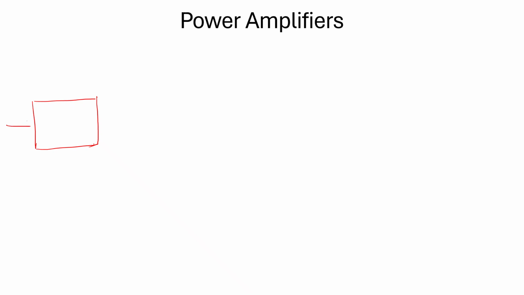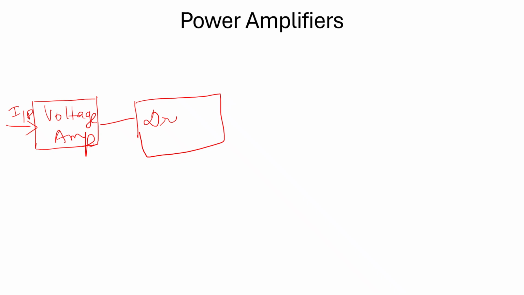The input signal, whichever you want to amplify, is fed into a voltage amplifier. The output of this is again fed to a driver stage, then to an output stage.